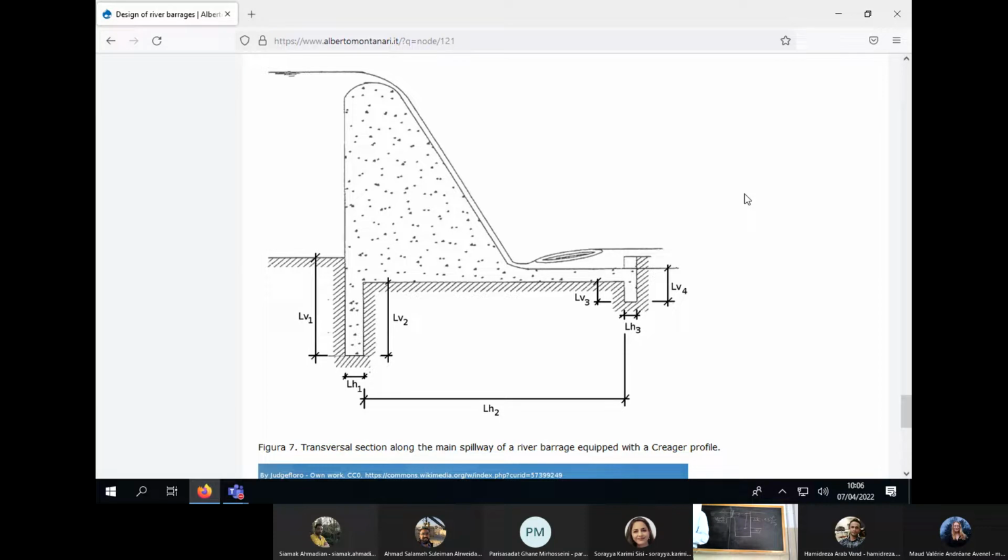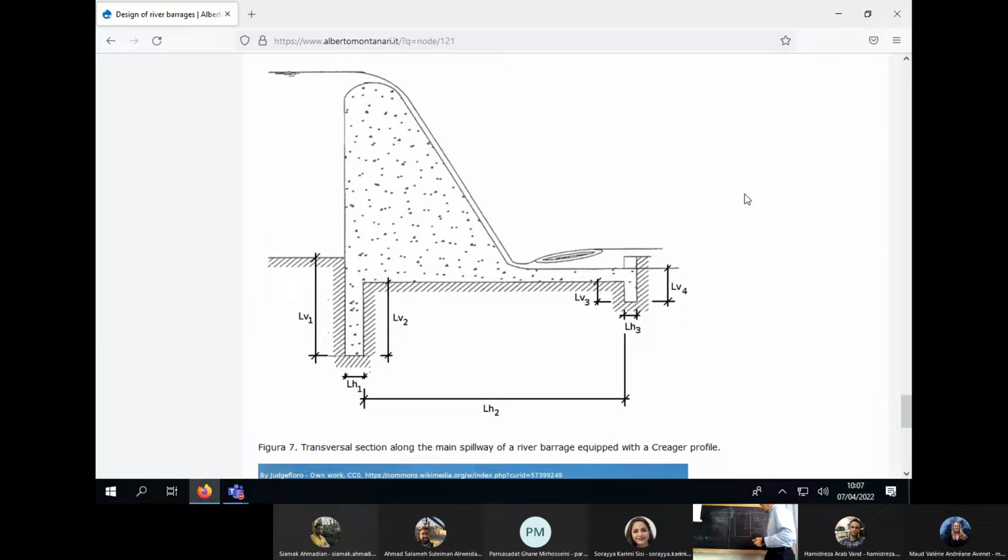And to avoid erosion, what we usually do is for barrages that are not as important, we place boulders downstream to avoid erosion. But if the barrage is important, if the flow over the spillway is important, it's much better to use a solution like the one that you see on the screen, which means that the water flow is accompanied downstream by avoiding that the flow is detached by the structure downstream.